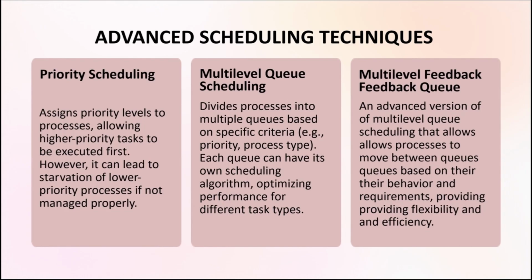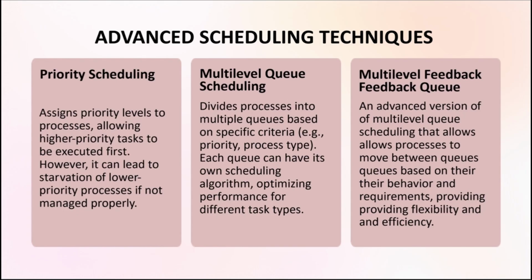Let me give an example. In the hospital, if you go for treatment and you have an emergency case, those ones are attended to first. Same with the computer, the higher priority tasks are executed first while the lower ones are attended to after.